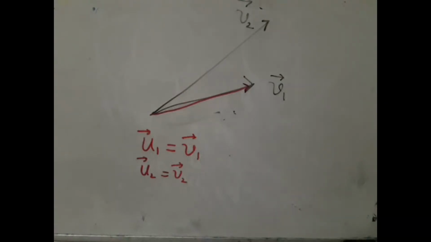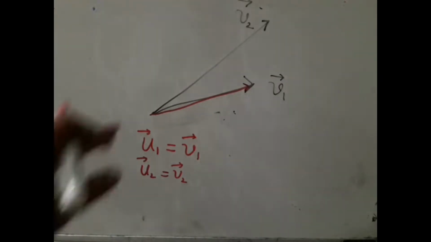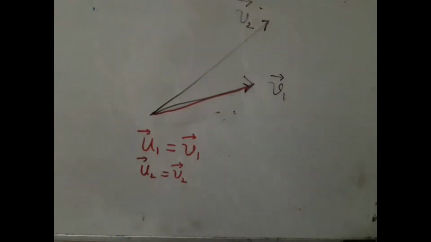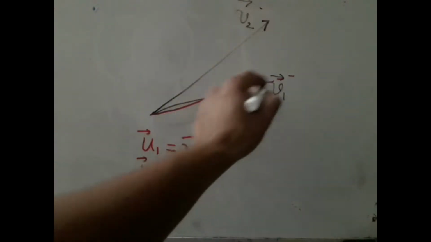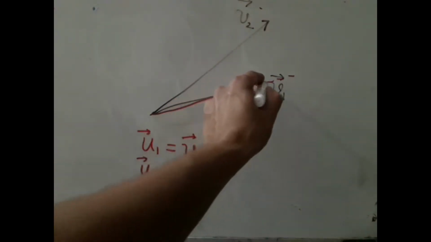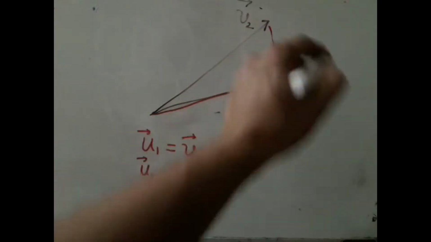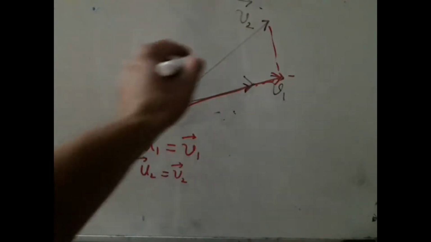So what I do is I remove from V2 the part which is already taken care of by U1. What is meant by that? By this we mean that I split it up into two components. There's one component which is perpendicular to V1 and one component which is along V1. So if I take this, then I can split it up into two parts.